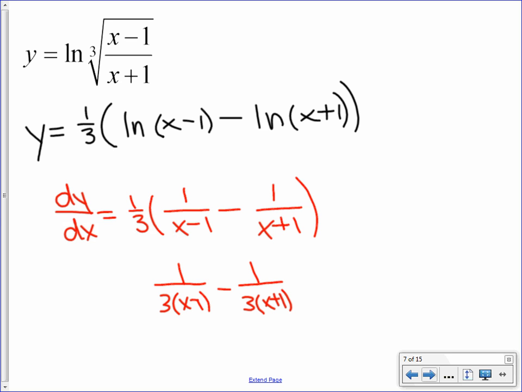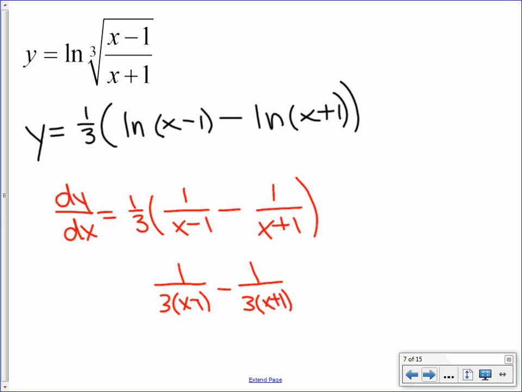Remember we have that rule of a constant times a function. Our derivative is going to be the constant times the derivative.